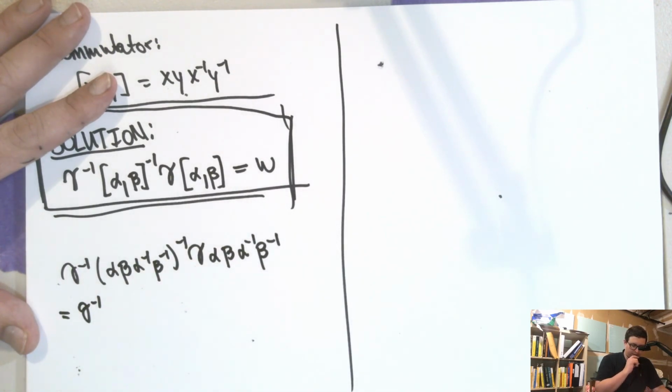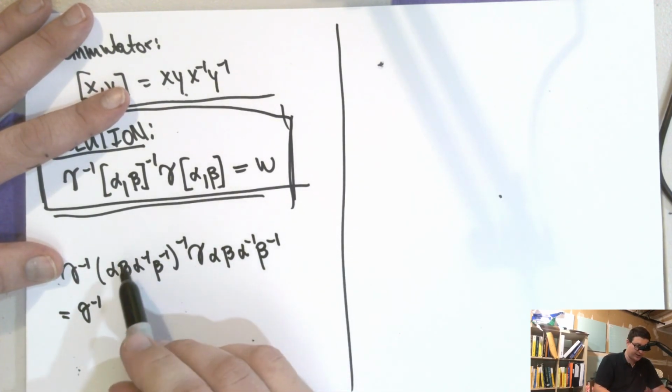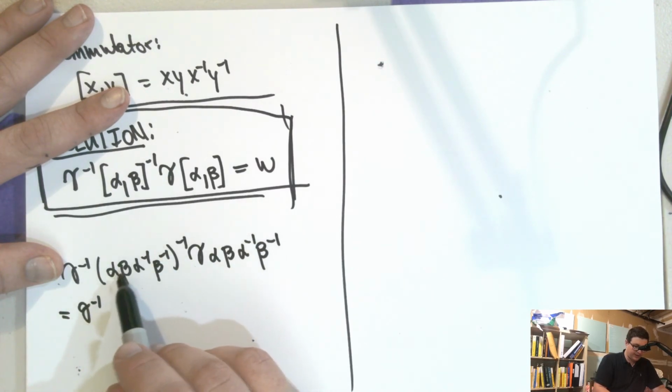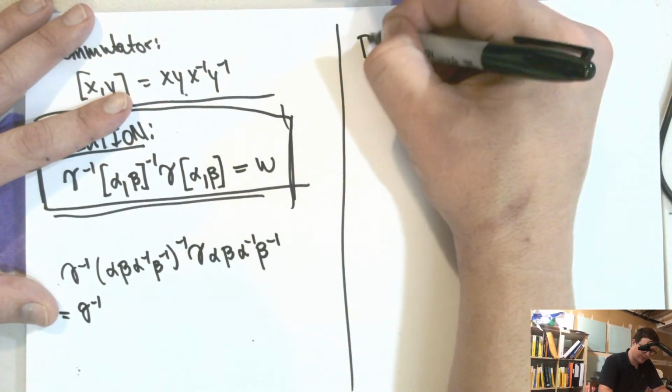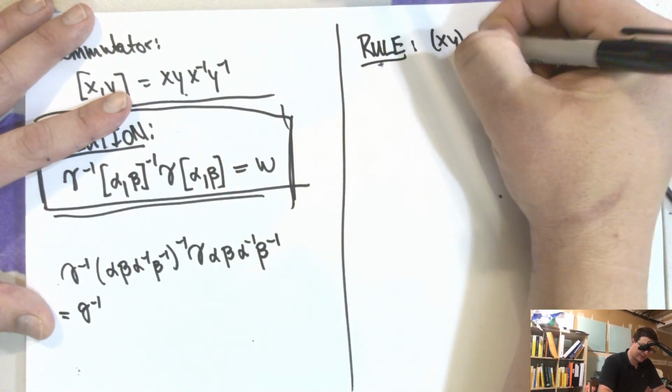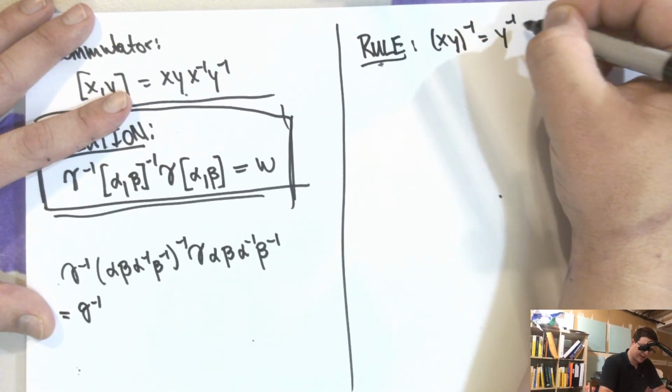For the people in commutative algebra, how do you do this? To take an inverse, you flip everything and you invert. The rule for inverses is that xy inverse is y inverse x inverse.